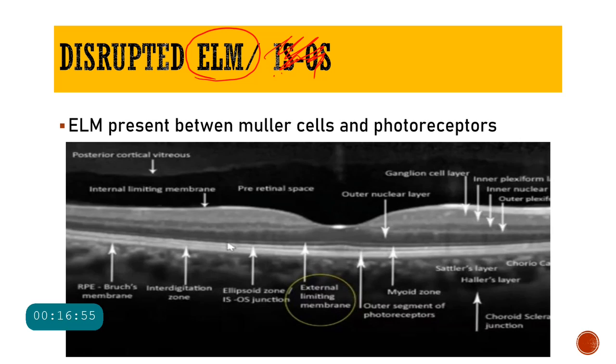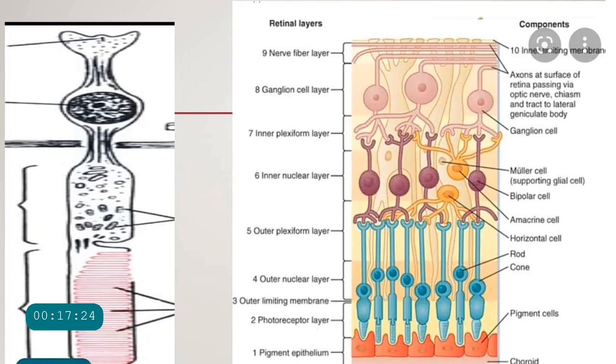In my video on the anatomy of the retina, I told you how the external limiting membrane is formed, and on the OCT, among the 4 hyperreflective layers which are present in the outer layers of the retina, the innermost one is the external limiting membrane that you see over here, this faint line. Okay, so that faint line sometimes might get disrupted, and that is called disruption of the external limiting membrane, which is a very important biomarker.